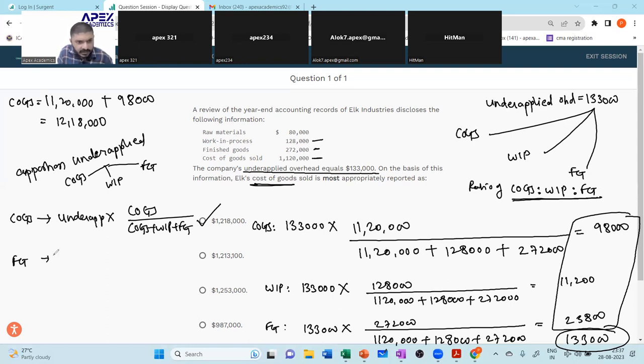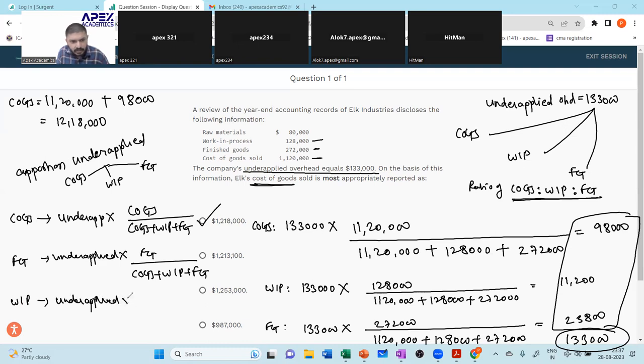What will go to FG? It will be under applied multiplied by FG divided by COGS plus WIP plus FG. And what will go to WIP? It will be under applied multiplied by WIP upon COGS plus WIP plus FG.